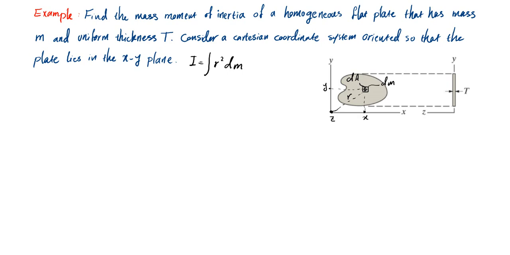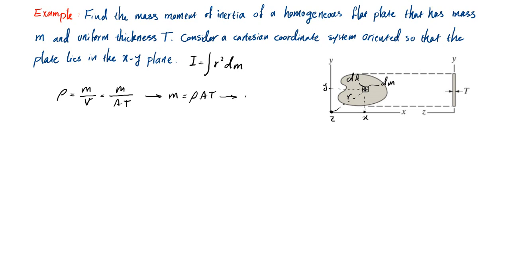Now, again, I'll go for the definition of density. Rho is equal to m over v, and v is nothing but area times thickness, so A t. From there, I can get m is equal to rho A t.